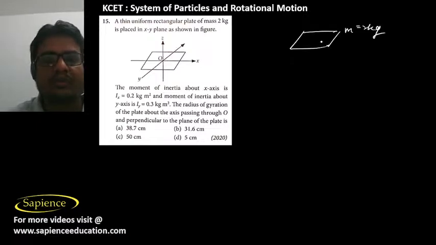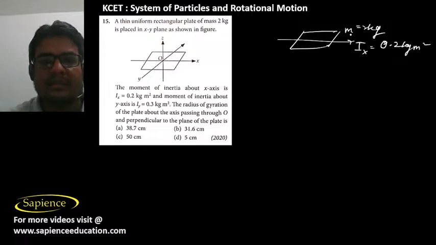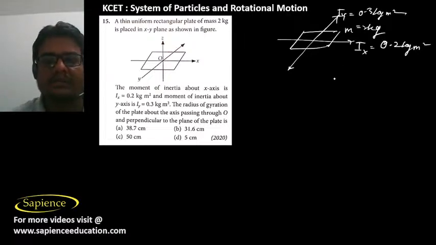The moment of inertia about the x-axis, Ix, is given as 0.2 kg meter square, and the moment of inertia about the y-axis, where x and y-axis are lying along the plane of the rectangular plate, Iy, is given as 0.3 kg meter square. The radius of gyration, K, of the plate about the axis passing through the point O and perpendicular to the plane of the plate is how much?